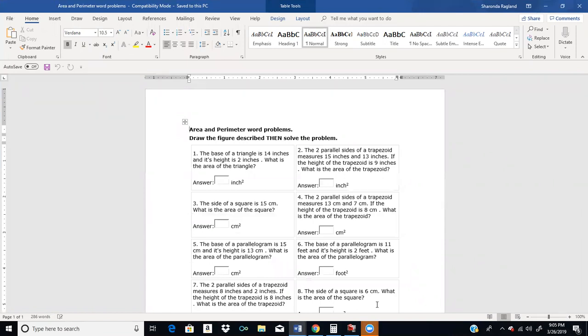If we look at the first example: the base of a triangle is 14 inches and its height is 2 inches. What is the area of the triangle?